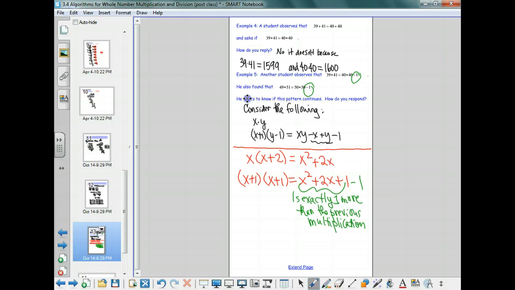As friendly as it is that they're 1 apart from a multiple of 10, and I like that too, that's actually not important. Like I said, I could choose 36 and 38 and it'd be okay. I don't like 35 times 35 any friendlier, but it would work. So this works.